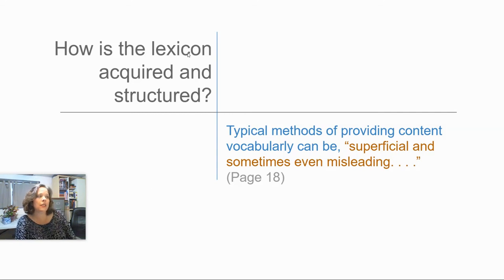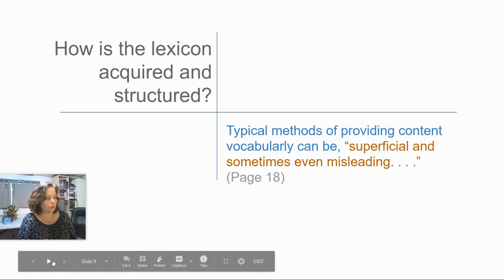So how is the lexicon acquired? Lexicon being vocabulary and structure. Oftentimes, the way that we'll teach vocabulary in class can just be so quick and in passing that it's really superficial, and it can be misleading because it's so superficial.